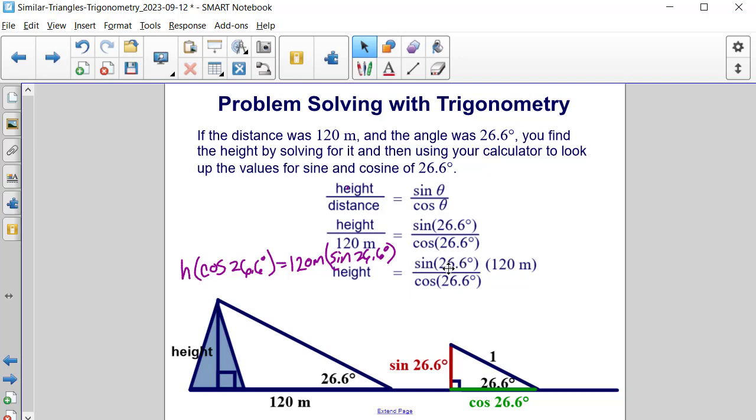And if we get the sine value and the cosine value of 26.6 degrees, it ends up being about 448 thousandths over 894 thousandths times 120. And when you multiply and divide all those values, you do get a final pyramid height of 60 meters.